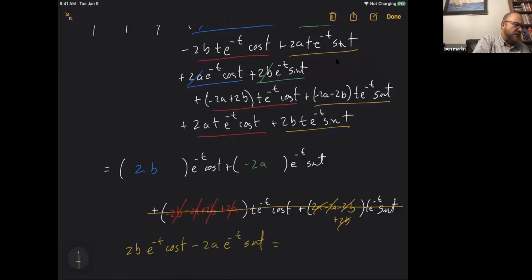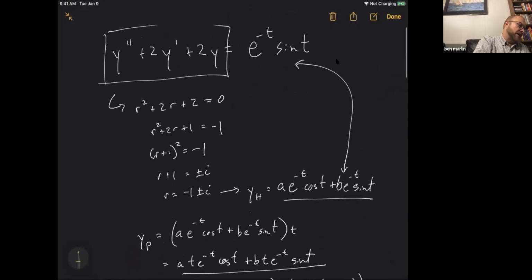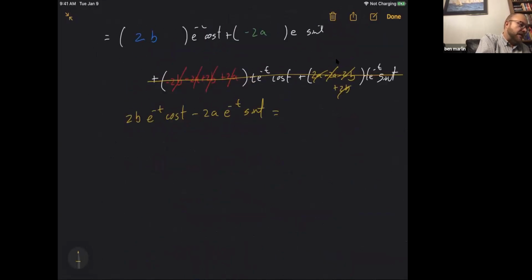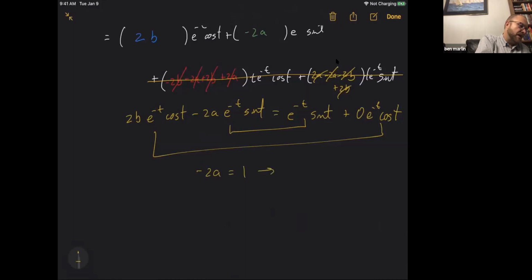And what was that supposed to be equal to? Going all the way up to the top, it's supposed to be equal to e to the minus t sine t, and no e to the minus t cosine t's. And so that tells us that when we equate terms here, minus 2a has to be equal to positive 1. A is minus 1/2. The y sub p we did all this effort to get is minus 1/2 times, which ones did the a go with?